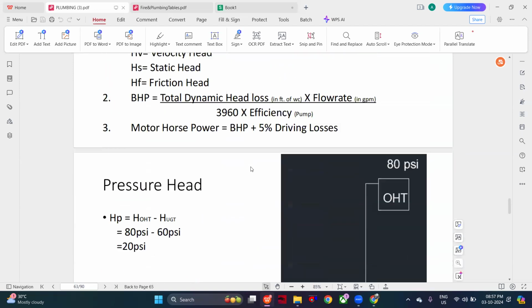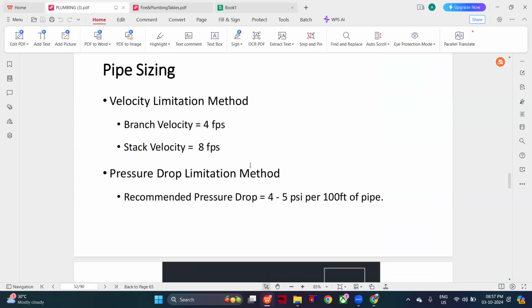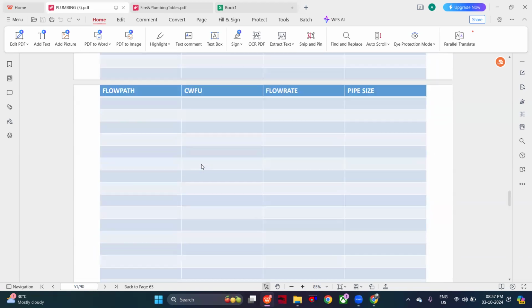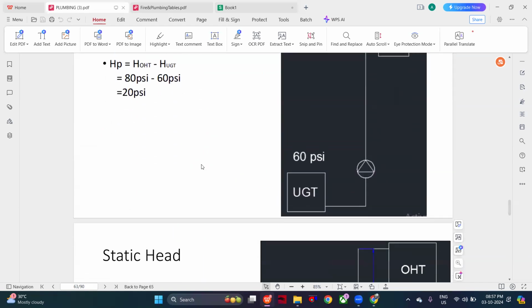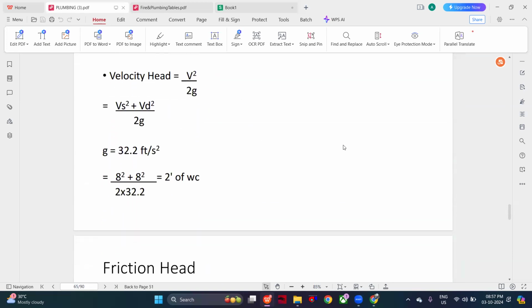And one more thing, the velocity is 8 FPS. Here I am dealing with the pipe, so obviously I have to take the velocity as 8 FPS. The suction is the same and the discharge is the same, so suction 8 and discharge 8.